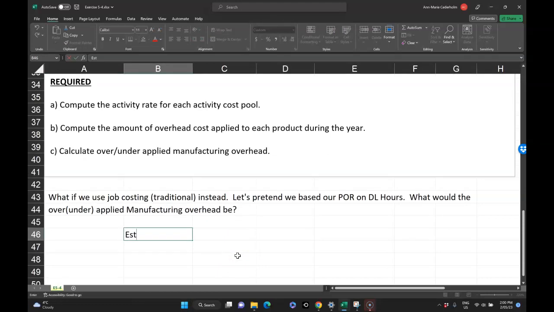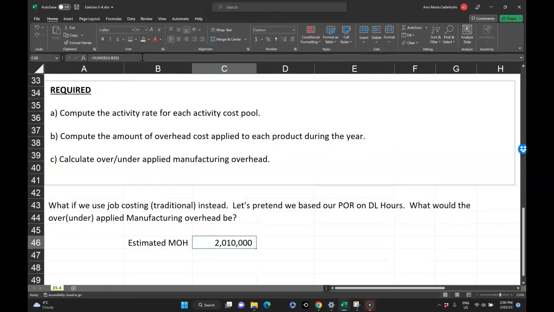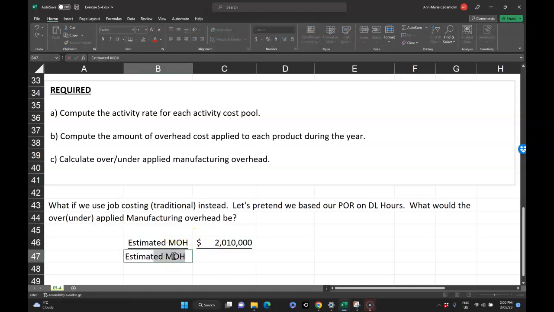So we'll just do the same calculation for predetermined overhead rate. So estimated manufacturing overhead, and we get that from the estimate. So here's all of the estimated overhead, so I'm just going to sum it. So it's 2,010,000, and then we're just going to divide that by our estimated cost driver, which is direct labor hours because I just said it was.